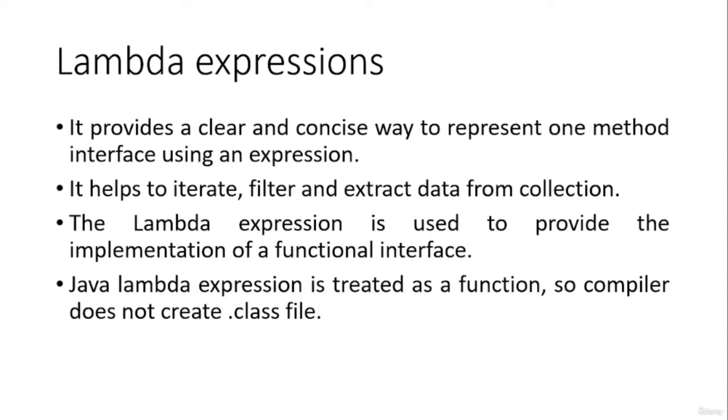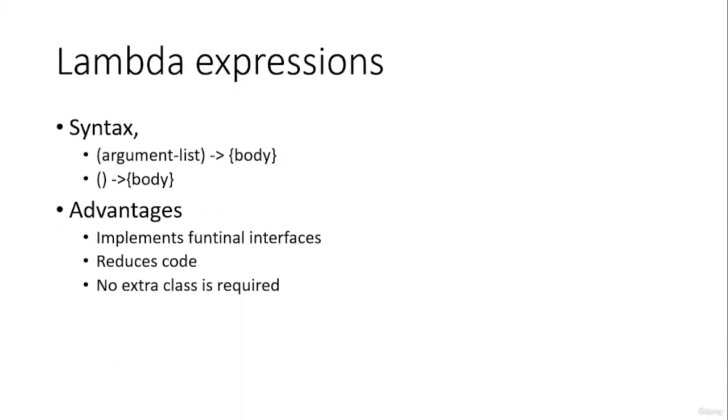Let us see the syntax for Lambda expressions. Here you can see the left hand side of the lambda expression contains the parameters for the lambda, which will be the parameters of the method in the functional interface.